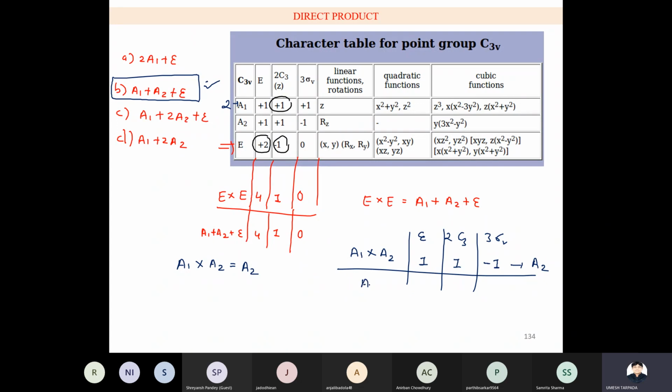What is A1 cross E? 2 into 1, that is 2. -1 into 1, that is -1. 0 into 1 is 0. That is called E. So A1 cross E is equal to E. What is A2 cross E?